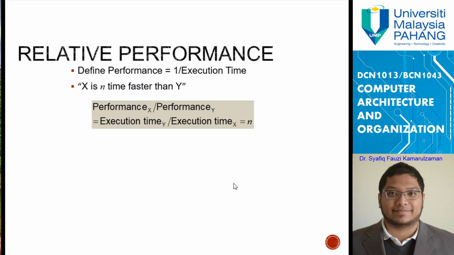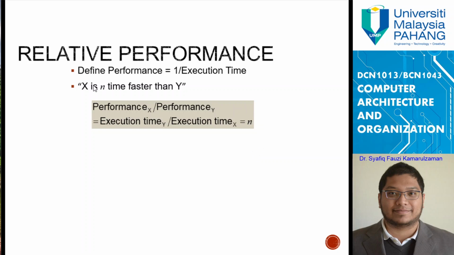When we look at response time, we define performance as 1 over execution time. If X is n times faster than Y, then performance X divided by performance Y equals execution time Y divided by execution time X, which is equal to n.